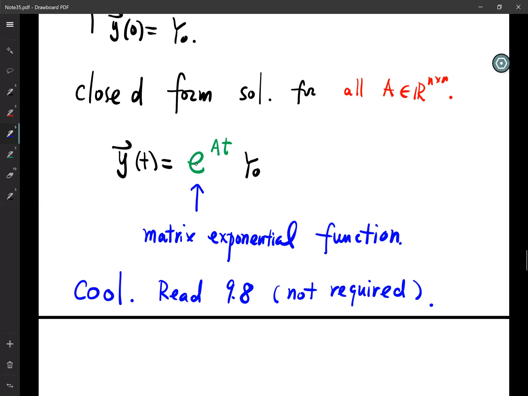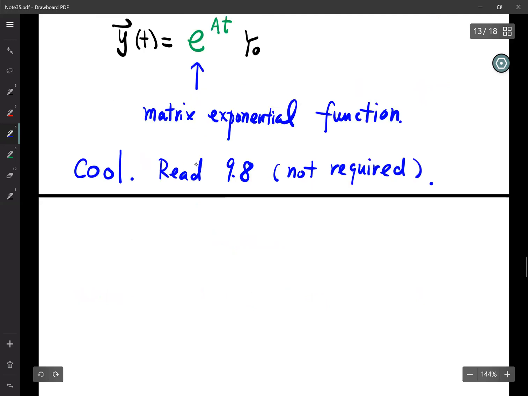Let me finally talk about a thing that is indeed covered in this class, which is how to deal with inhomogeneous first order equation.